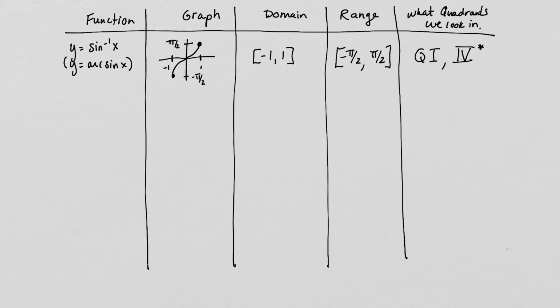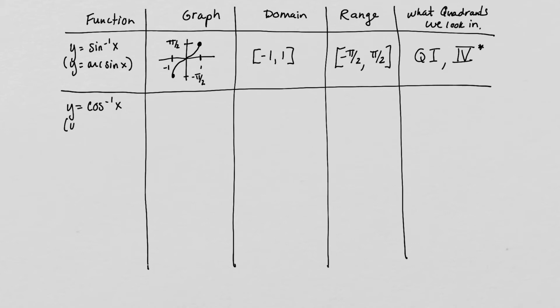So that's the one we did before. Inverse cosine is pretty similar. So y equals cosine inverse of x, or another way to write it is y equals arc cosine x. The graph here is still between -1 and 1, but in this case, we actually go as high as pi.